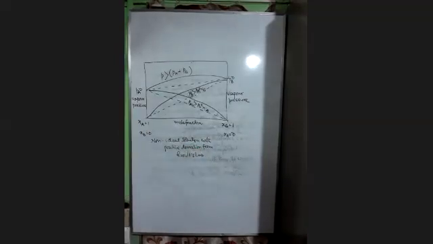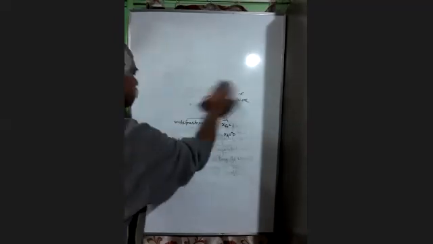Positive deviation, non-ideal solution. Example, okay.